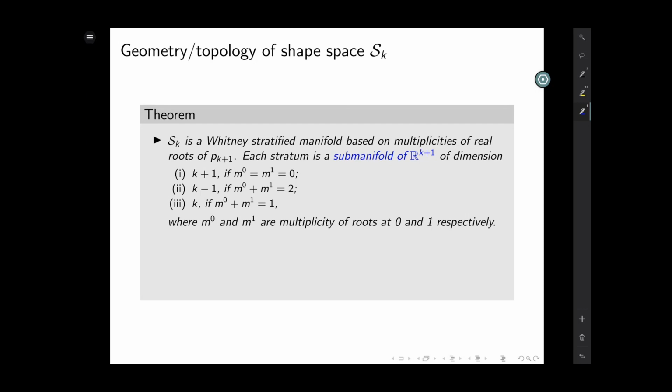But the dimension of each piece, or each stratum, depends on whether 0 and 1 are roots and their corresponding multiplicities. If neither 0 nor 1 is a root, then that little piece is of dimension k+1. If one of them has multiplicity 2, and the other 0 or 1, and so on, then it's of 2 fewer dimensions, sorry. Otherwise, it's of dimension k.